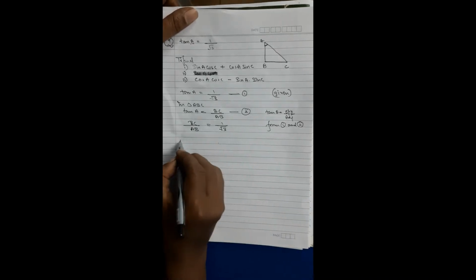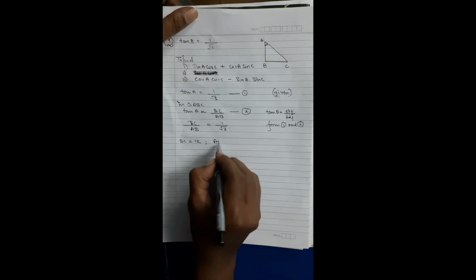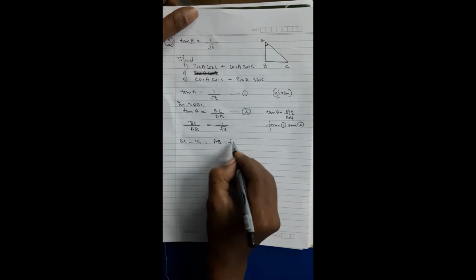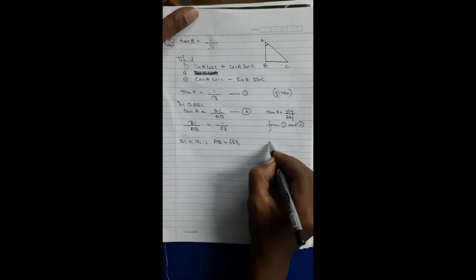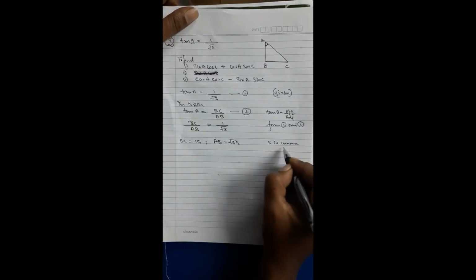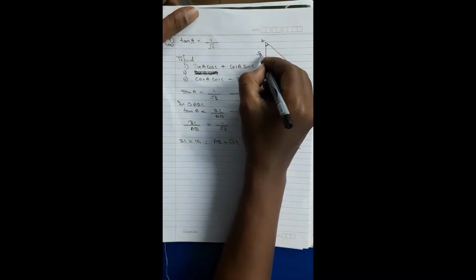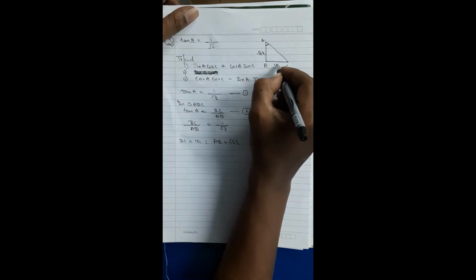So now we will get BC is equal to 1k, or only k, AB is equal to root 3 k, where k is a common multiple. So we have got AB is equal to root 3 k, BC is equal to 1k.